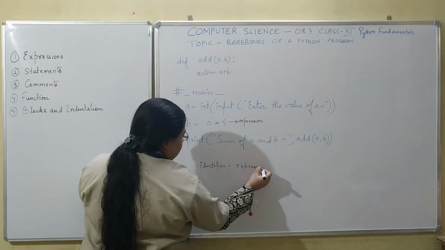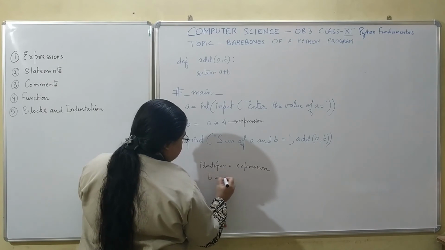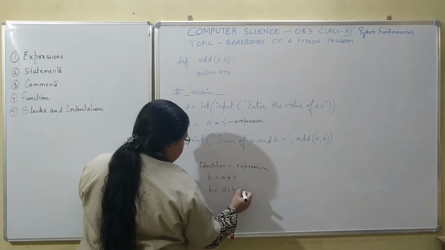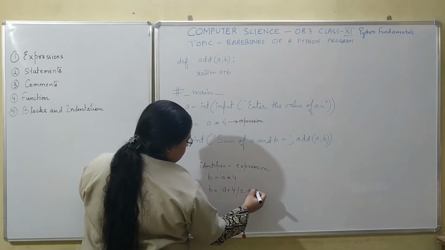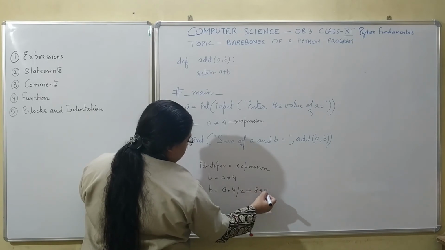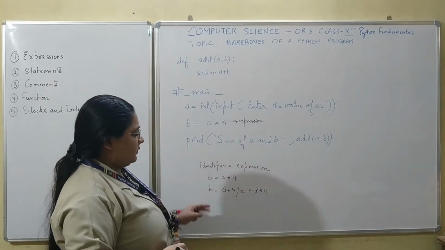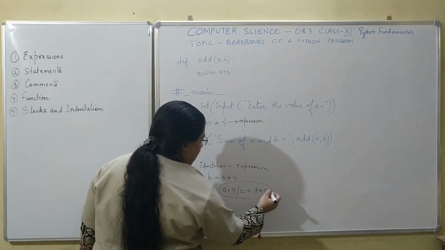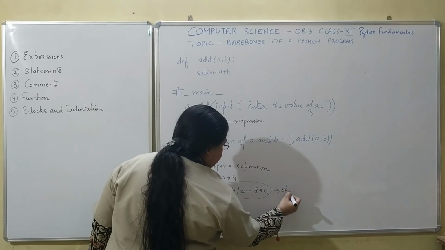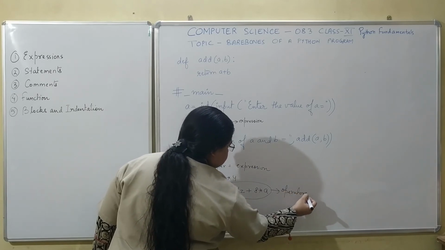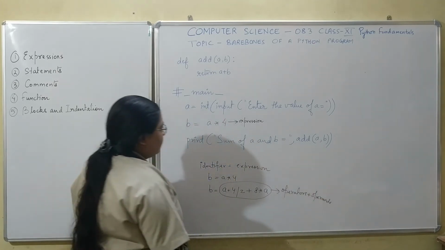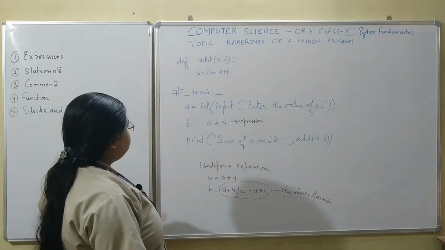So when I say expression, it could be something like B equals A plus 4 divided by 2 plus 8 multiplied by A, and any such expression of the like. Anything which involves the use of operators along with operands becomes an expression.